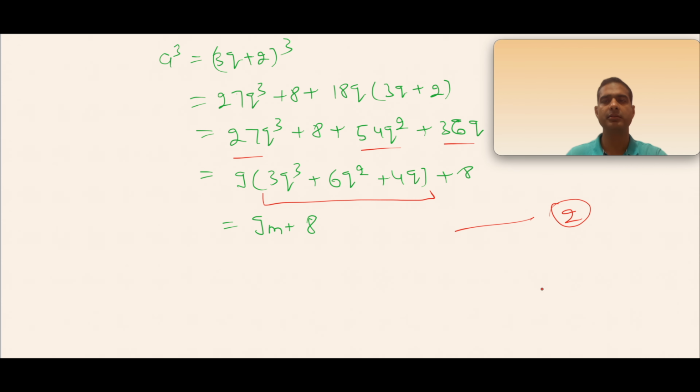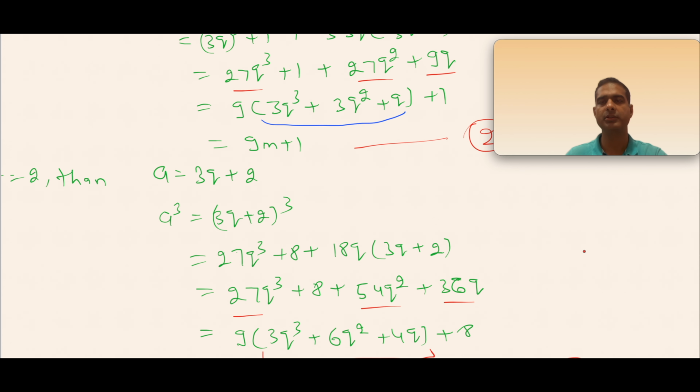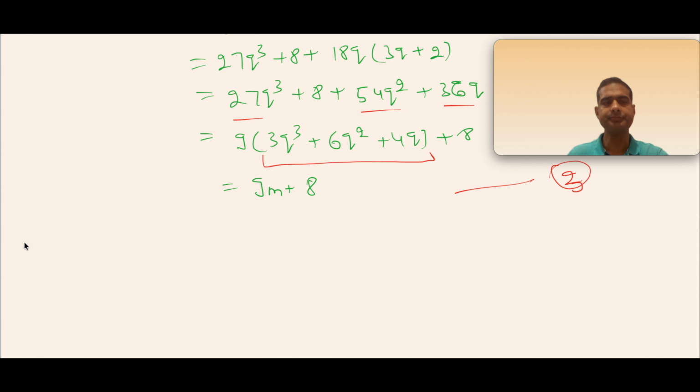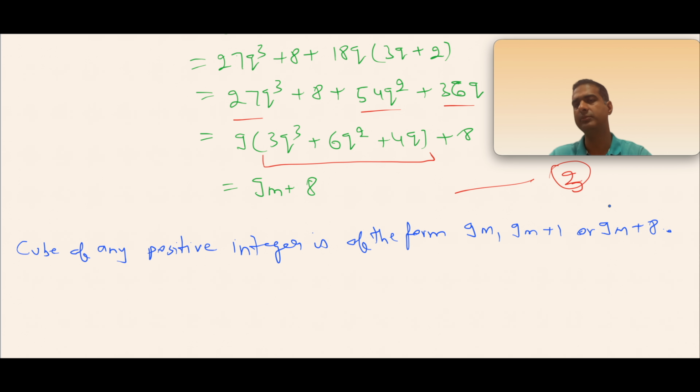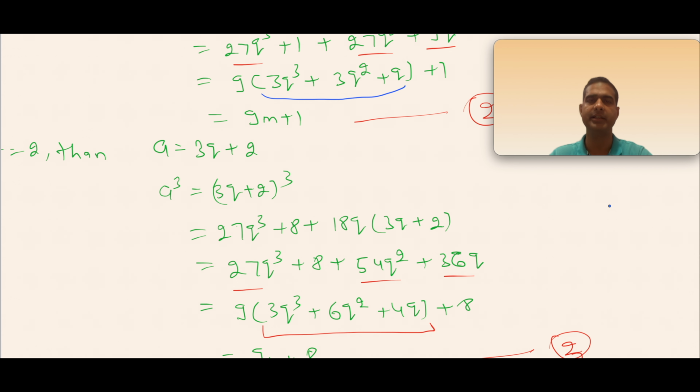So from these three equations, we can say the cube of any positive integer is of the form 9m, 9m plus 1 or 9m plus 8. So using the Euclid division algorithm, we saw that the cube of any positive integer can be only of these three forms: 9m, 9m plus 1 or 9m plus 8.